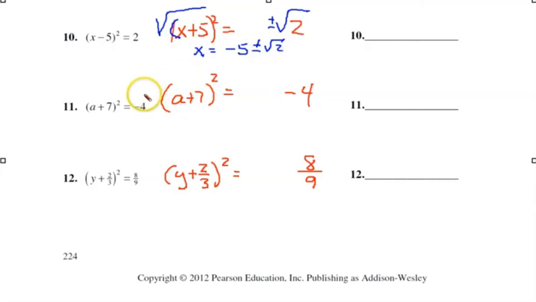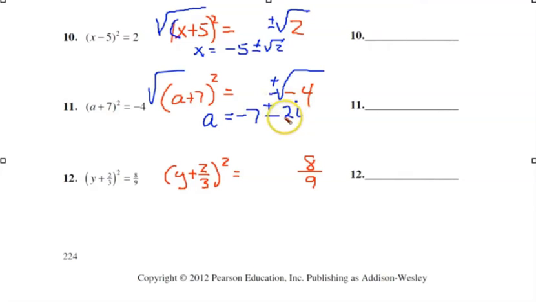And for this one, we take the square root of this side plus or minus the square root of that side. This gives us a. Now we transpose the 7. That becomes a negative 7. Plus or minus, now the square root of negative 4 is 2i.